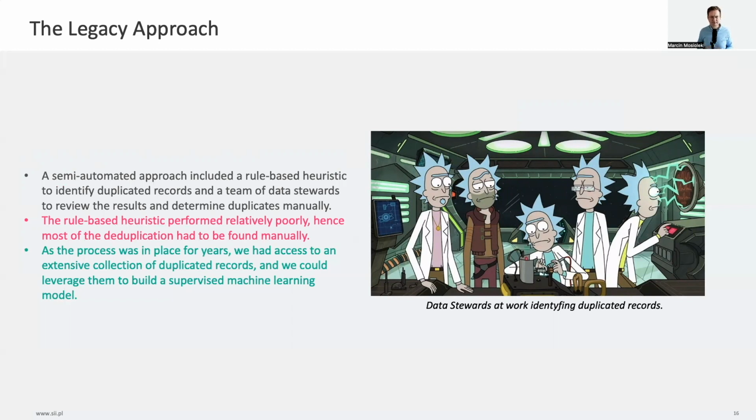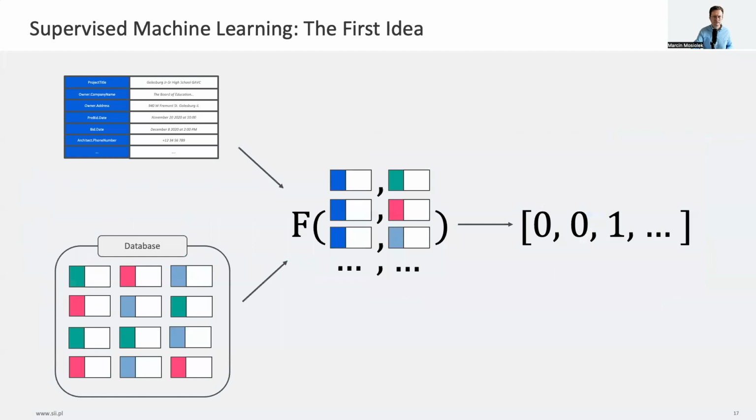However, as this process was in place for years, we had access to an extensive collection of duplicated records, and we could leverage this data to build a supervised machine learning model. Once we speak of supervised machine learning for the deduplication problem, the very first idea would be to build a machine learning classifier that, given two records, tells if they refer to the same project or not.